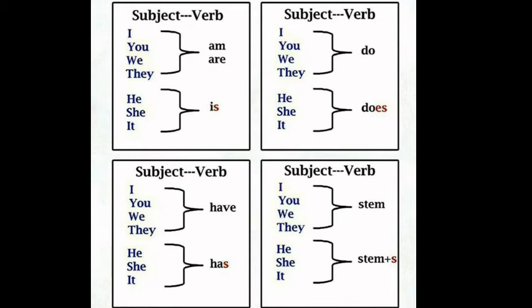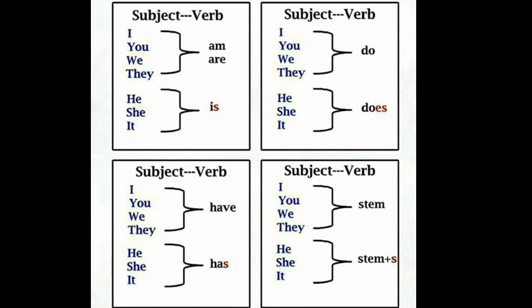I, you, we, they, you can use the verb do. He, she and it, you can use the verb does. I, you, we and they, you can use again have. He, she and it, you can use the word has.